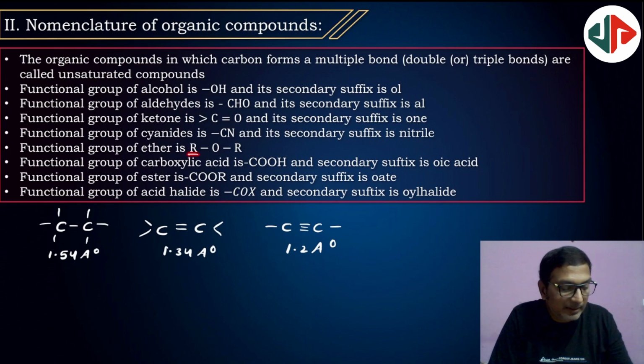Functional group of ethers is OR. Carboxylic acid, COOH, secondary suffix is oic acid. COOR, esters, secondary suffix is oate. That means the complete name is alkyl alkanoate. Next, acid halide COX, secondary suffix is oyl halide. Remember here the functional groups and their secondary suffix names.